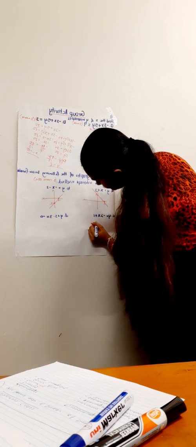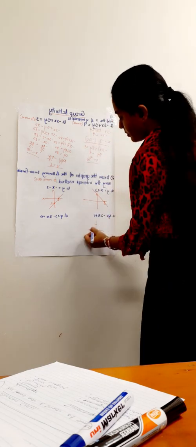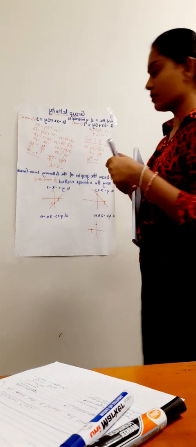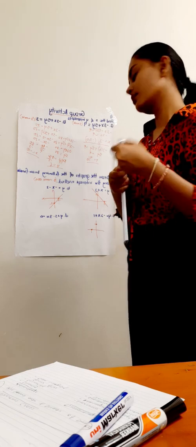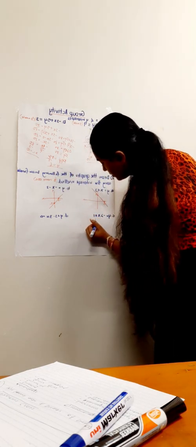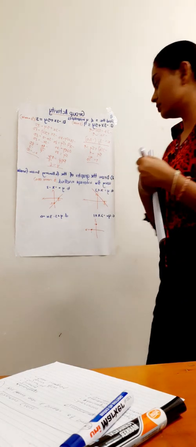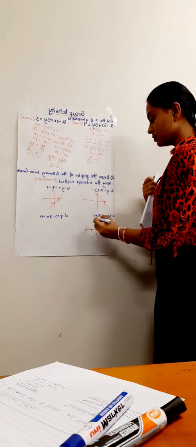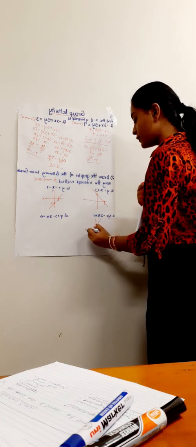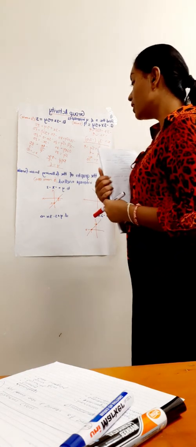The coordinate is 0, 1 for y. And for the x coordinate, after calculating we get 0.5. Right. So does your graph look like this? Yes, madam. Okay. That's right.